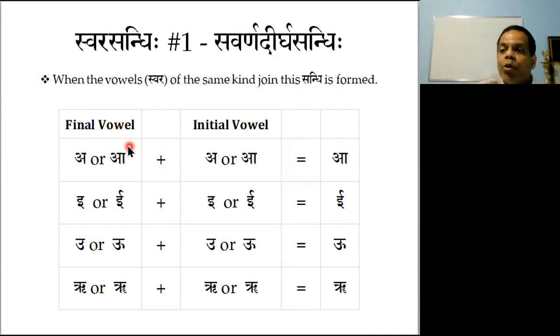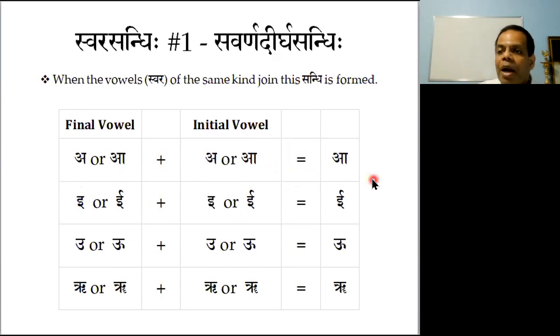Okay. And if those two vowels are of the same kind, then it is dirgha sandhi, so they become long. For example, if the first word ends in either short a or long a, and the second word starts with short a or long a, because they're the same kind, akara, okay, they become long a. So in Ishvara, the last part is a.